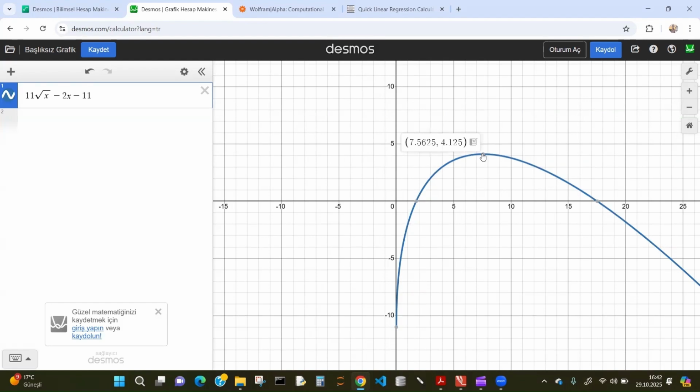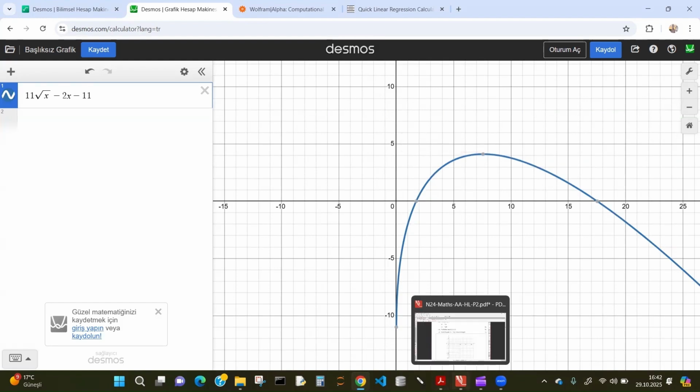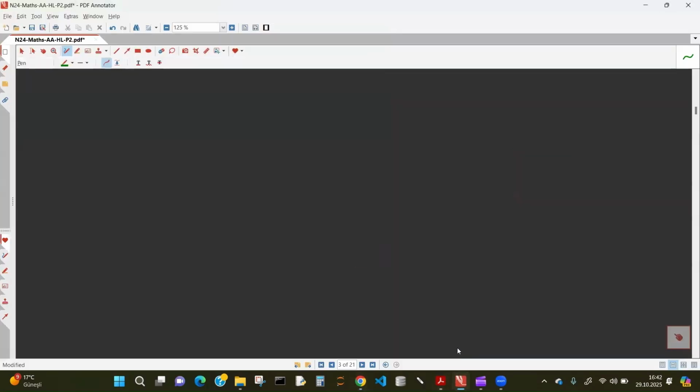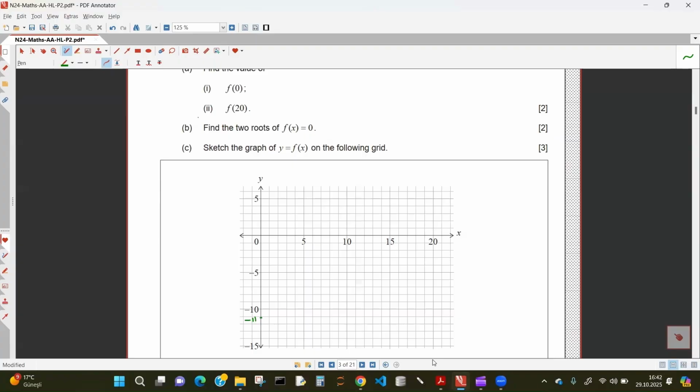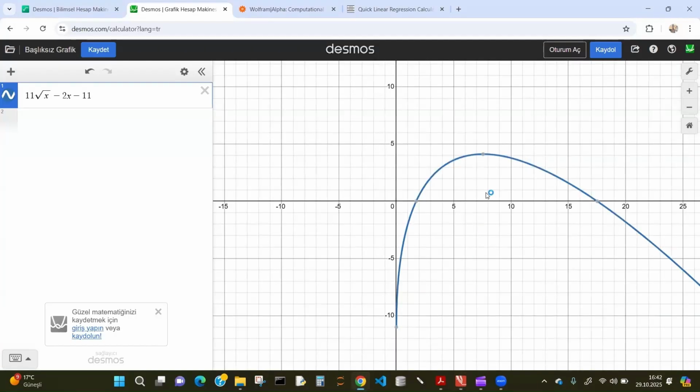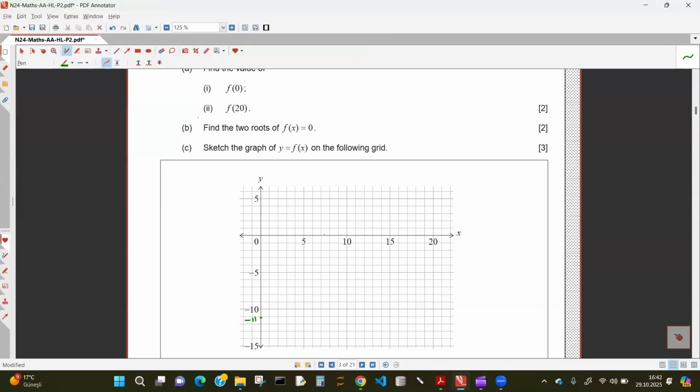And also this is the maximum point. We don't need to write it in here, but it's below 5. And also it will turn from 7.56.